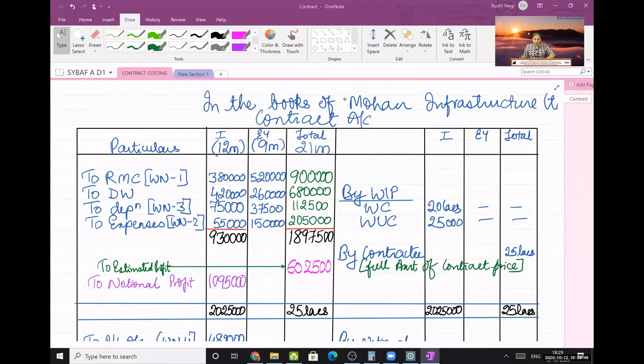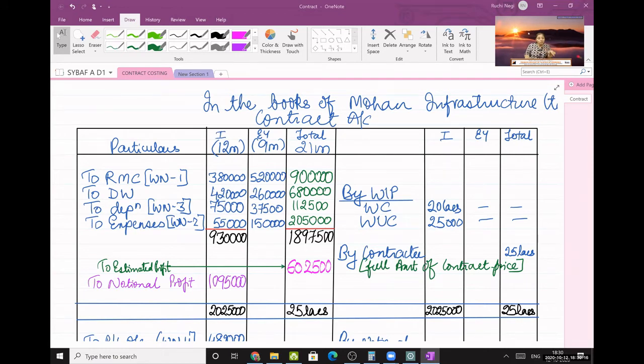So the doubt of the student is, ma'am, इधर भी तो we are doing the same thing ना? First year, then we go to the estimated year. तो estimated year मतलब next year ही है, correct? So then why are we not taking work certified and work uncertified in the opening? The doubt is very logical, because हम stock के लिए तो कर रहे हैं. We are taking closing stock, we are assuming it to be opening stock. Then what about this closing WIP?